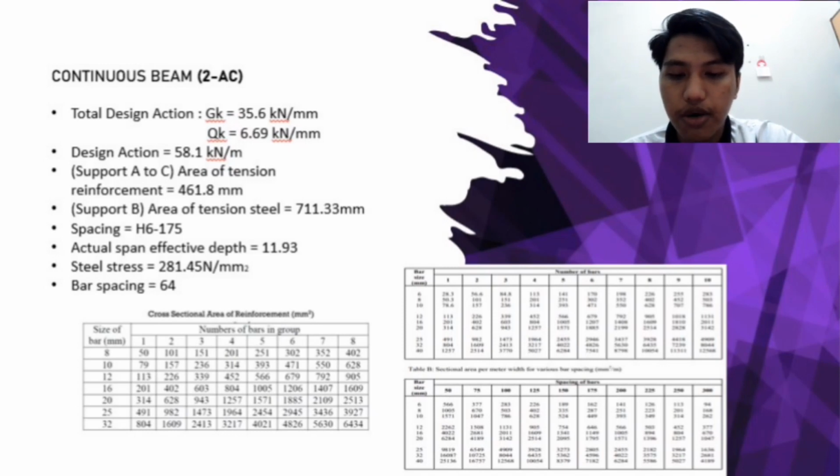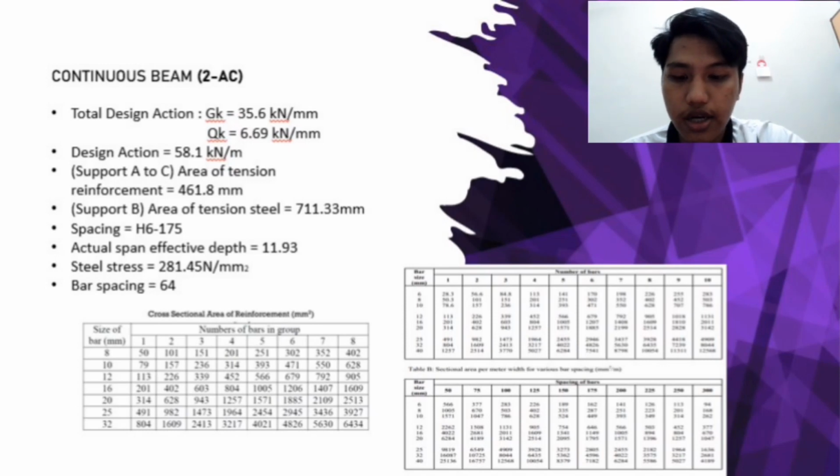After that, at support B, the area of tension steel that I get is 711.33 mm. So the grade used is 7H12 with the AS provided of 792 mm. Okay, next the spacing is H175.